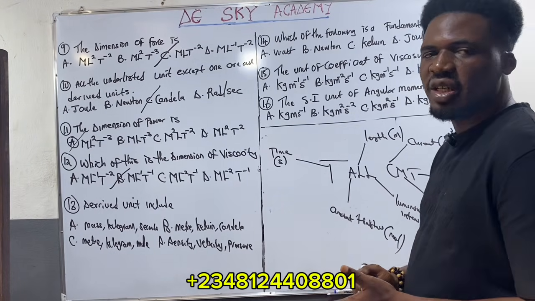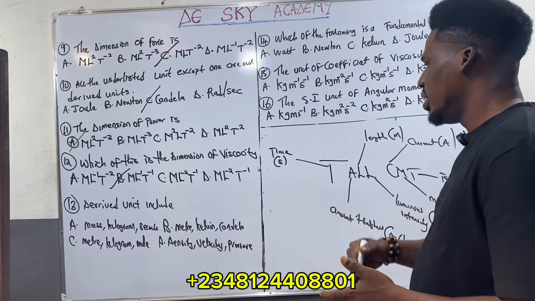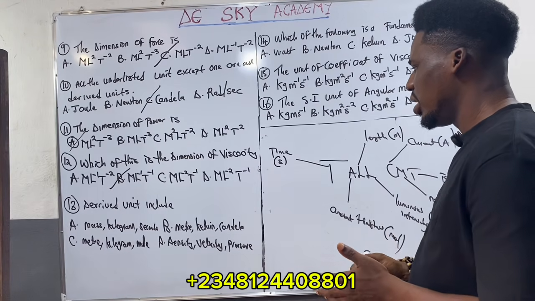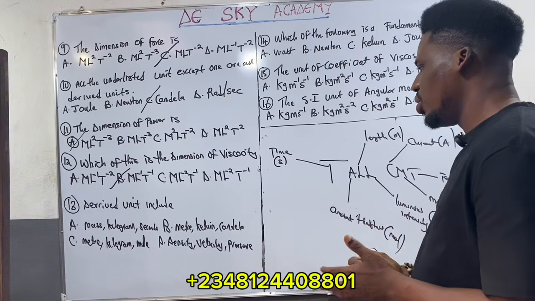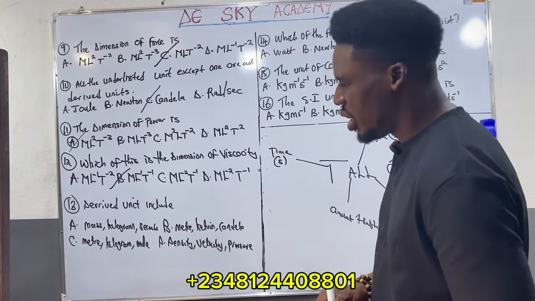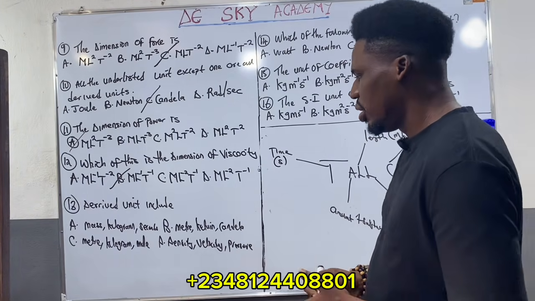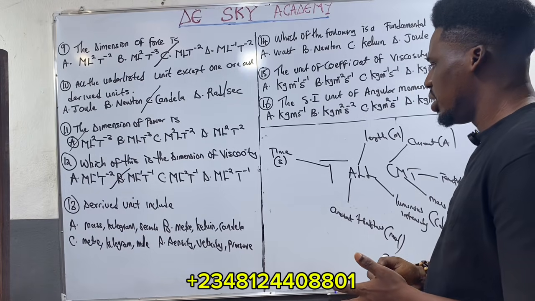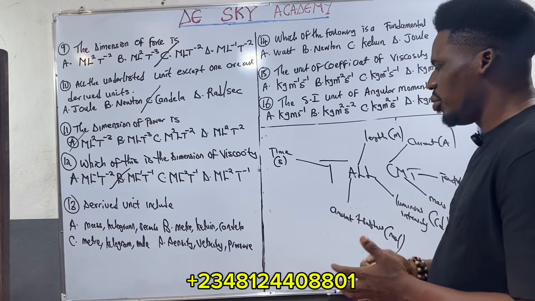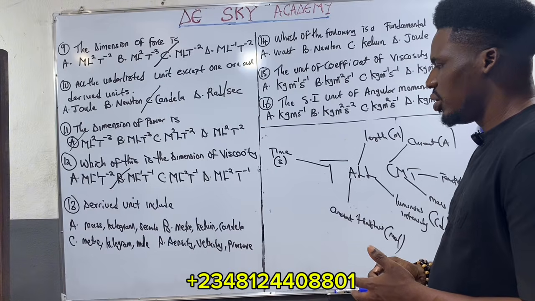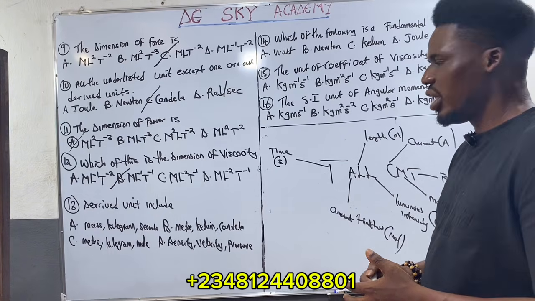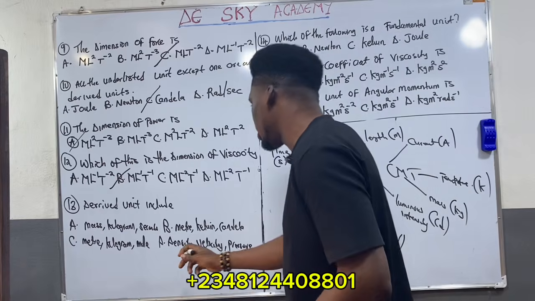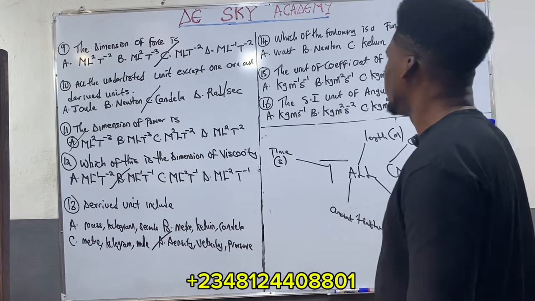Kelvin is a fundamental unit. Candela is a fundamental unit. Option C, meter, kilogram, and mole. Meter is a fundamental unit. Kilogram is a fundamental unit. Mole is a fundamental unit. Option D, density, velocity, and pressure. Those are derived units or derived quantities. So the correct answer here is option D.